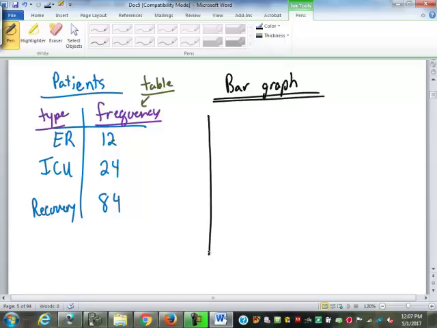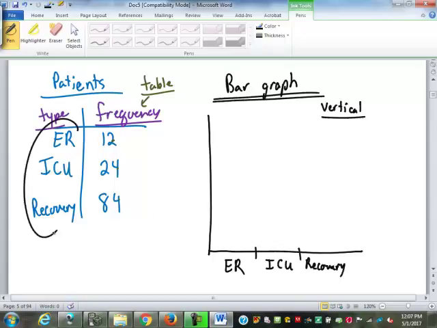A bar graph can be done in one of 2 ways. This is what we call a vertical bar graph, because the bars are going to be vertical. I'm going to put ER on the bottom, ICU, and recovery. So you can see my categories going along the bottom axis. Up the side, I have to number it in such a way that the largest number still fits on the axis.